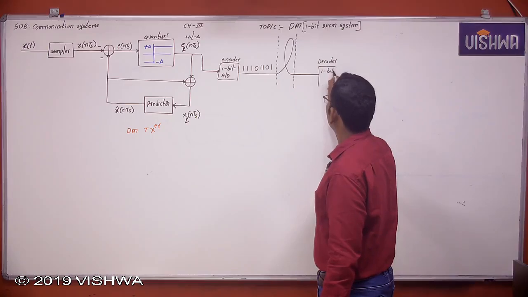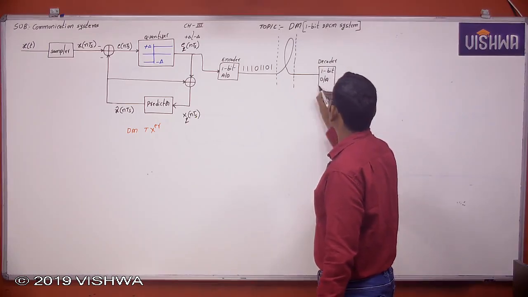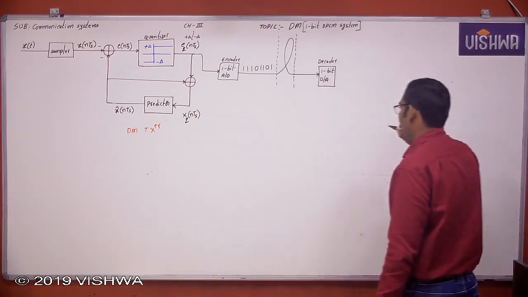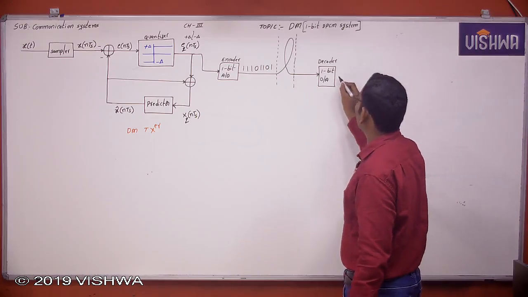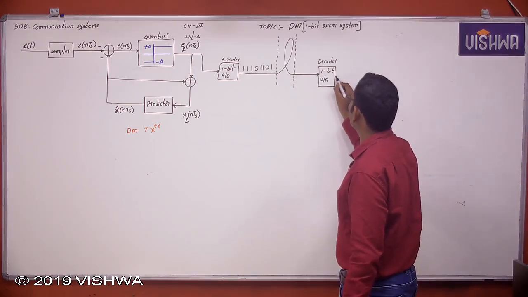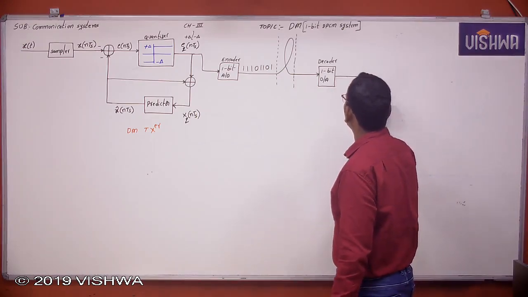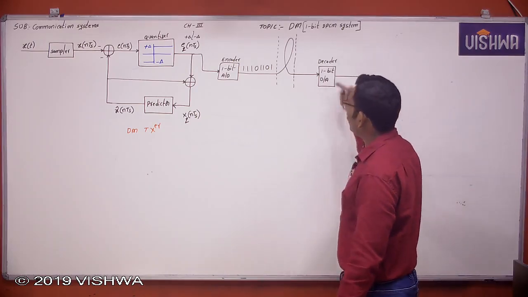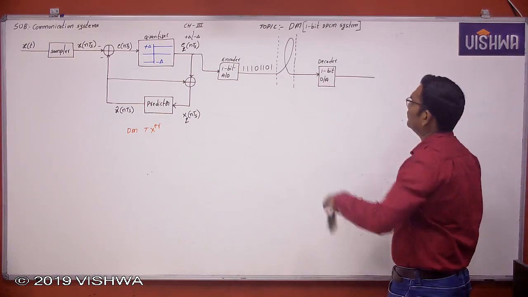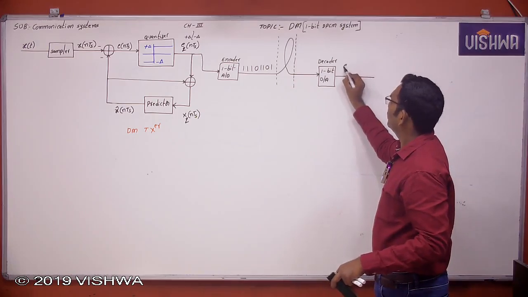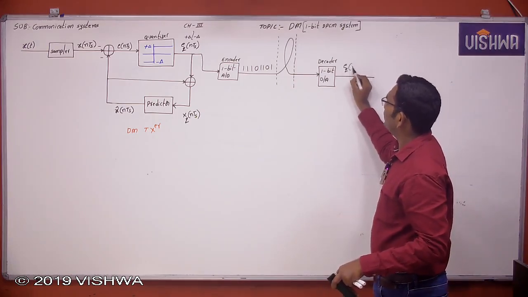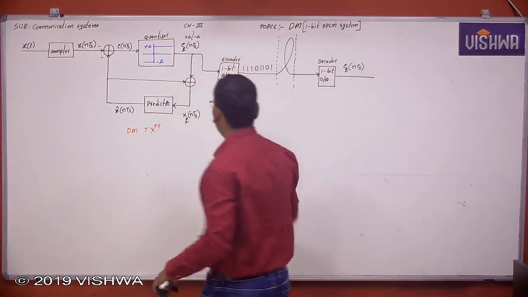One bit D to A converter. Now this is a 1 bit D to A converter. Now see here. The output of the decoder is nothing but the same quantized error signal, whether it should be in terms of plus delta or minus delta.